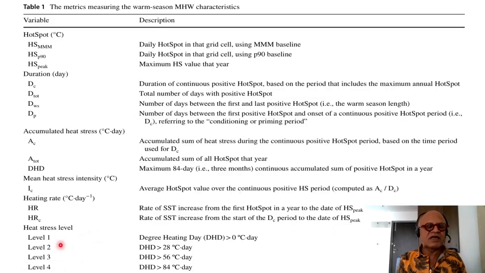And there are heat stress levels, level 1, 2, 3, 4, similar to NOAA's advisories, which go in this paper as degree heating day greater than 0 degree C day, which NOAA doesn't use usually. Degree heating day greater than 28 degree C days, so this is converted into something like 4 degree heating week according to NOAA's metric, and degree heating day 56 degree C days, and degree heating day greater than 84 degree C heating days.